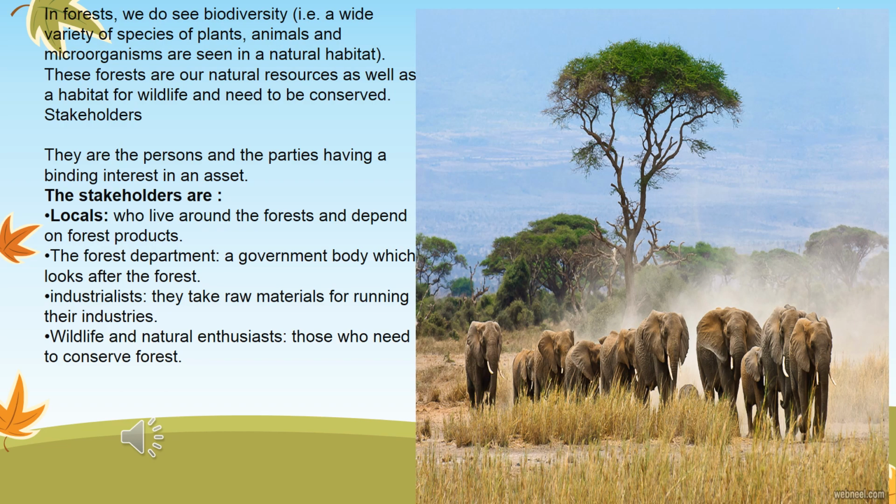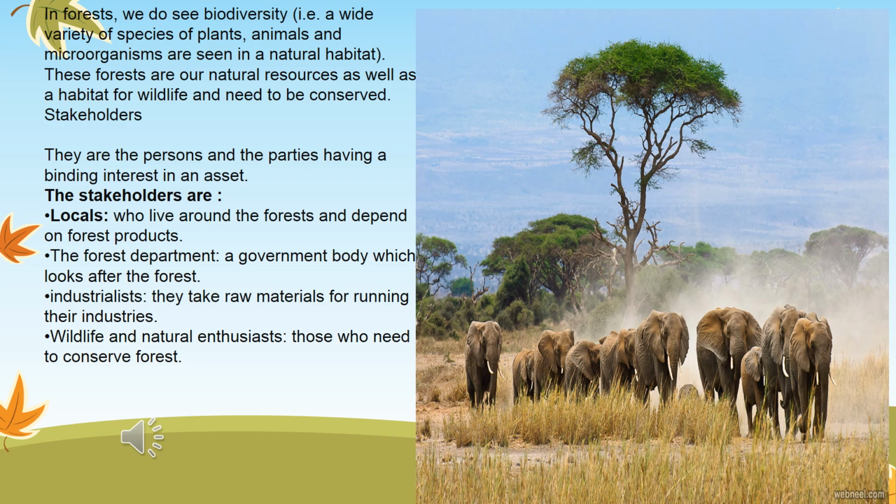Then industrialists. Industrialists take raw materials for running their industries. So what are the raw materials they get? For example, the paper industry requires a large amount of bamboo, and bamboo they get mainly from a forest. Likewise, the beedi industry requires leaves from the tree called tendu.